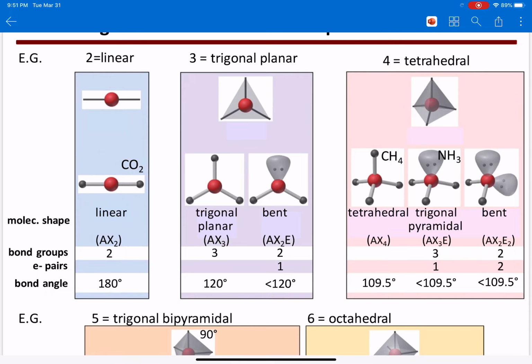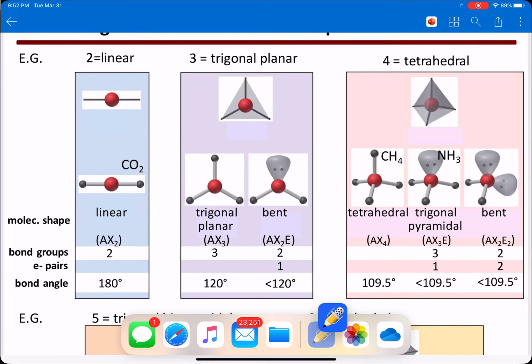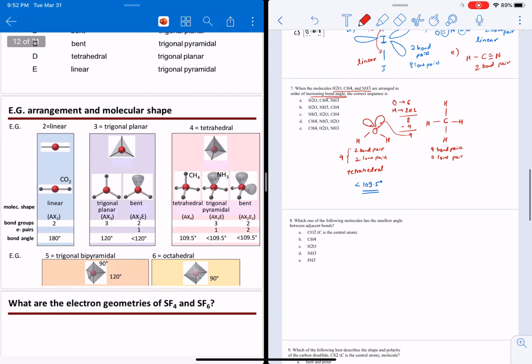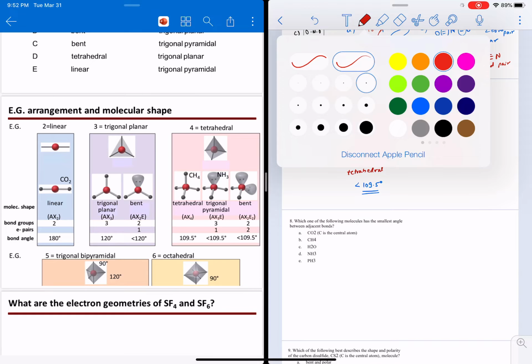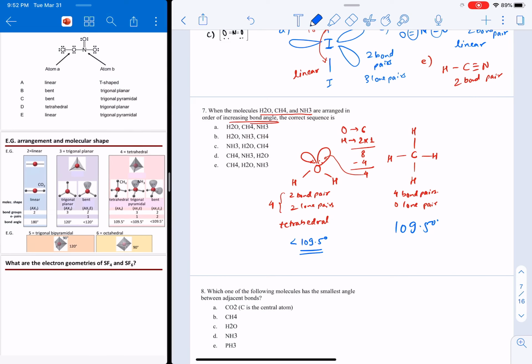If you see the example itself shows you CH4, it's tetrahedral and it exactly has 109.5 degrees. So it's not less than 109.5 degrees, it's exactly 109.5. So let's make it. So we have for this one CH4 is 109.5 degrees. Next one we have is NH3. So let's make NH3 now.